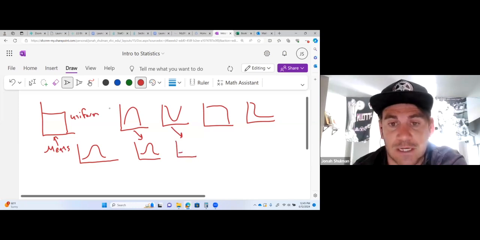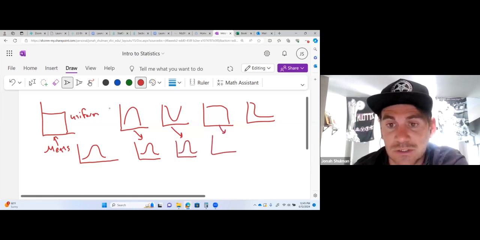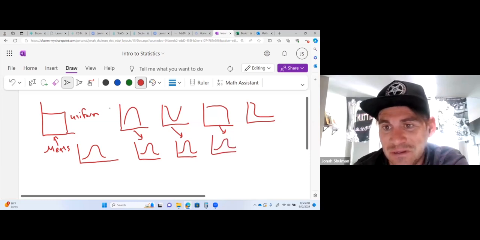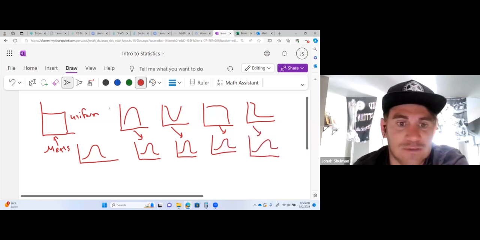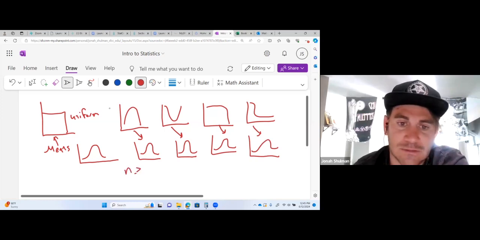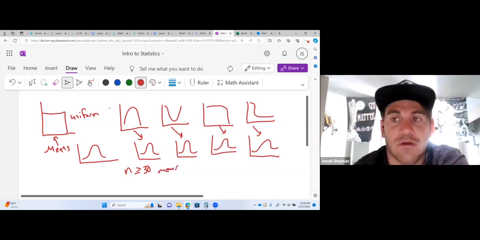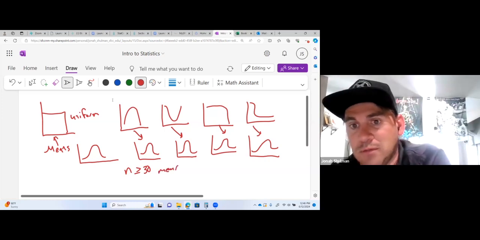Now, I know that sounds kind of crazy. How can we do that? Because these pictures aren't the same, none of these pictures match. But as long as we have, I believe, more than 30 means to work with, we can make one of these pictures happen.